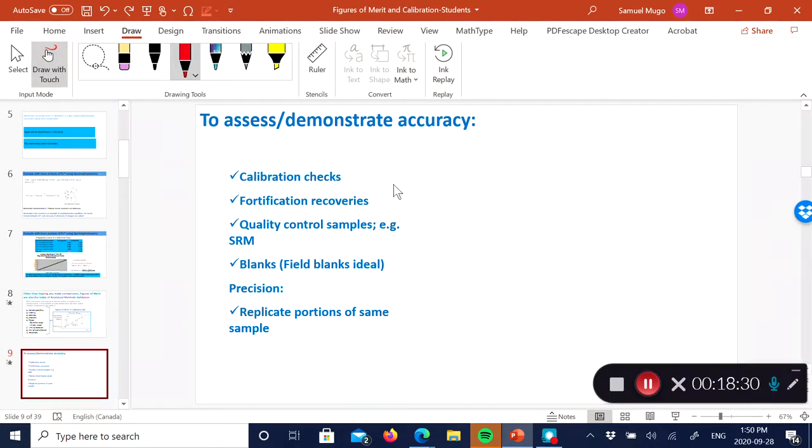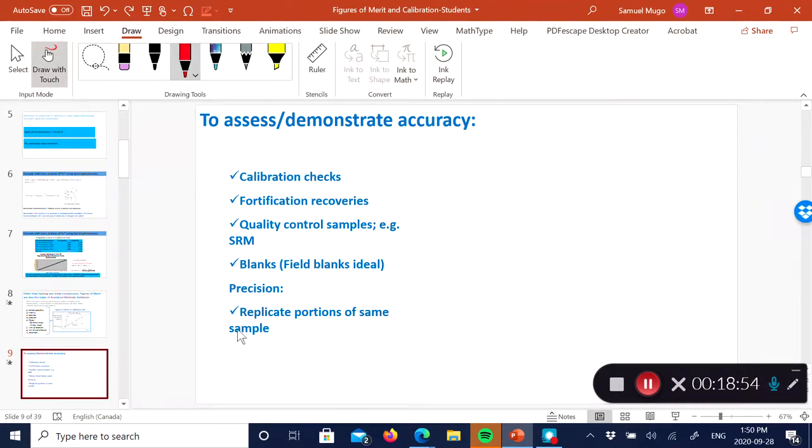You can also determine accuracy by running a blank. And remember, a blank is a sample that doesn't have analyte in it. And so the signal of the blank ideally should be very close to zero. So if at all it's not zero, it means we've got a problem, and accuracy could be a problem.